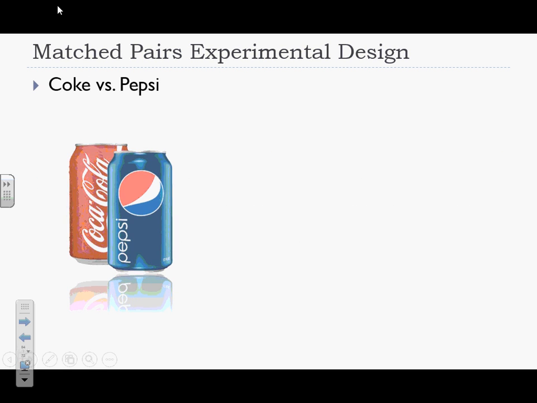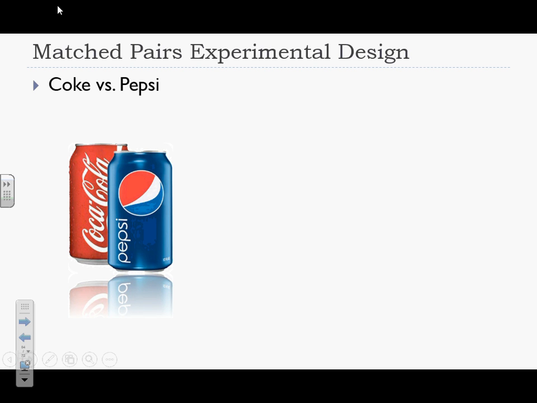So match pairs designs are typically used with taste tests. So do you prefer brand A or brand B type of thing? So Coke versus Pepsi. If Coke and Pepsi are trying new formulas, they want to see which people prefer. Sometimes Pepsi tries a new formula, so they try their old Pepsi versus their new Pepsi to see which type people like best.